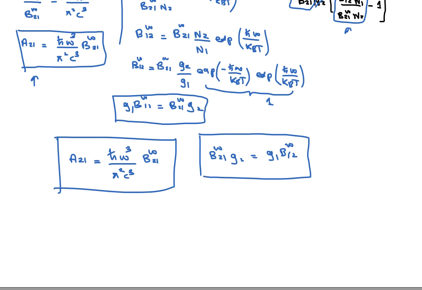For the same degeneracies, G1 equals G2, we will be having B21 equals B12, and then we can quickly find out A21 from that. So this is the Einstein analysis, and these are the Einstein coefficients A and B for a two-level system. So that's all.